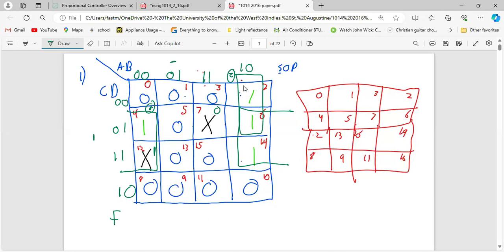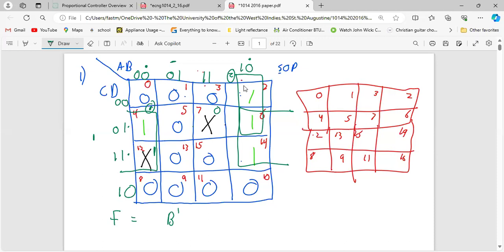If you look on top, you can clearly see that this row has a zero, so that's B prime, and this piece here also has a B prime. You notice B prime is common, B prime is common. So we can write that down for the vertical. And for the horizontal we now have D and D. Remember they're in the same horizontal row.